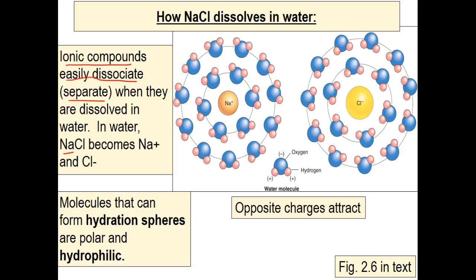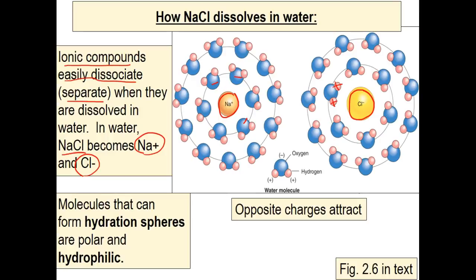So in water, sodium chloride becomes the sodium ion and the chloride ion. And you can see that the positively charged sodium here is attracted to the negatively charged oxygens on water. And the chloride ion on the other side is attracted to the positively charged hydrogens on water.